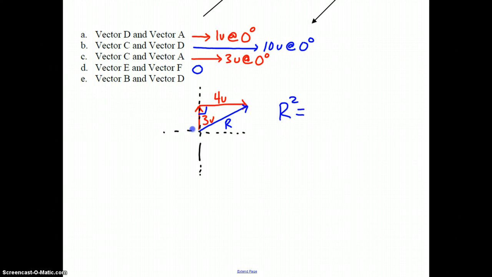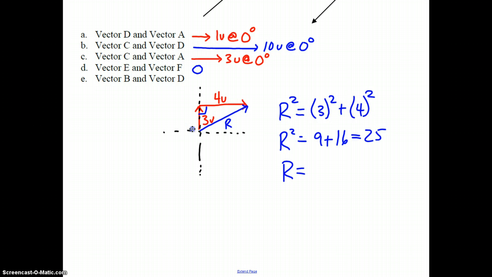R squared equals 3 squared plus 4 squared using Pythagorean theorem. So R squared equals 9 plus 16, which is 25. Take the square root of both sides, and R equals 5 units. You might remember from your study in geometry or trigonometry, this is a special triangle called the 3, 4, 5 triangle.